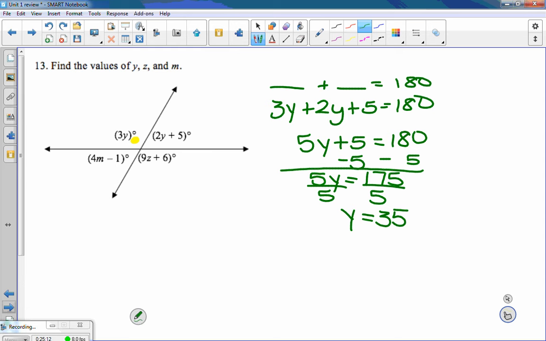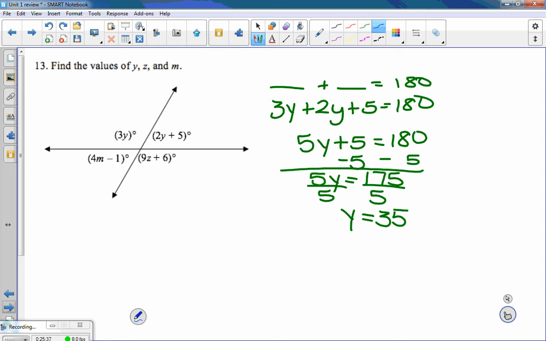Once you have found y, you're going to have to use it to find the rest. Now that we know that, let's go ahead and plug it in.